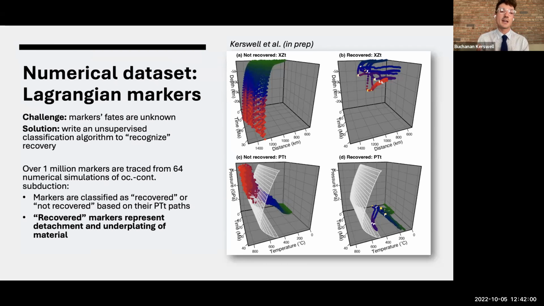But the challenge here is that we don't know a priori which markers are going to get recovered or underplated and which markers are going to get subducted. And so what we do is we write what's called an unsupervised classification algorithm to, quote, recognize recovery in these numerical simulations.